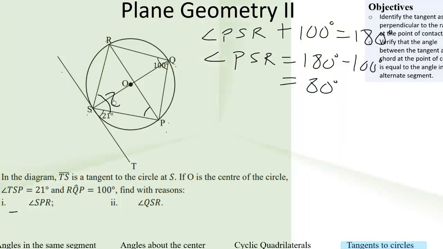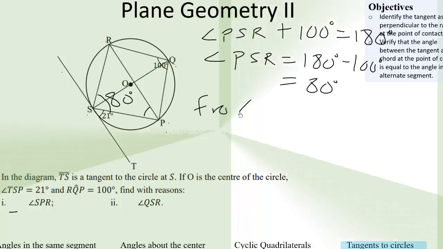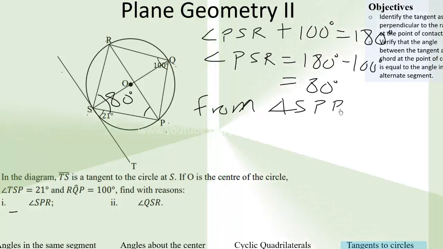So this angle here is 80 degrees. So from triangle SPR, we can find this angle, which is angle SPR.